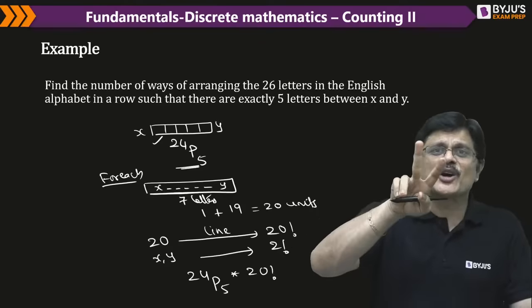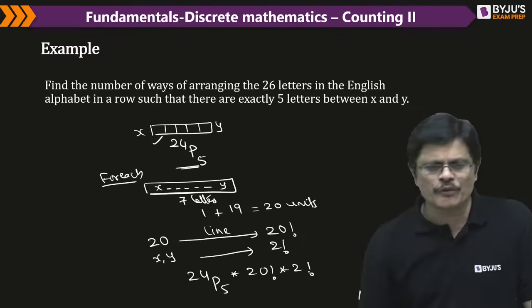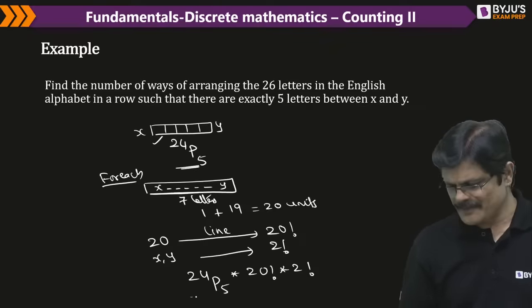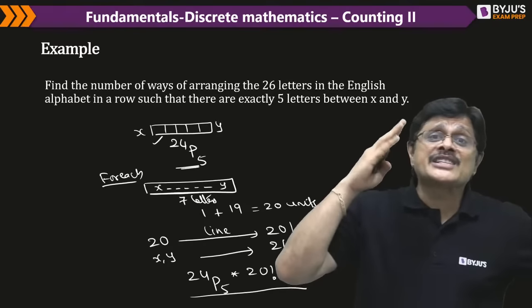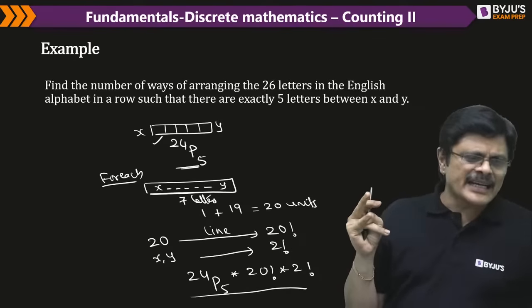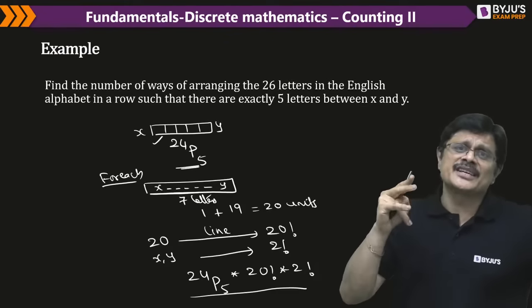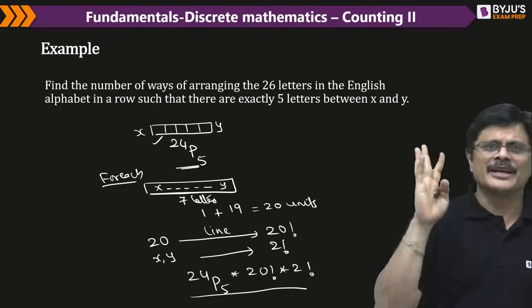And for each of this, because X, Y can be arranged among themselves in 2 factorial ways, into 2 factorial. See, if I say that the XY order is fixed, that 2 factorial will not be there. Otherwise, that 2 factorial will be there.